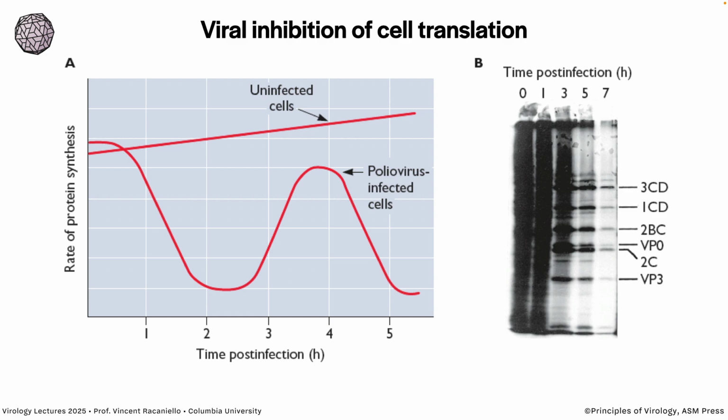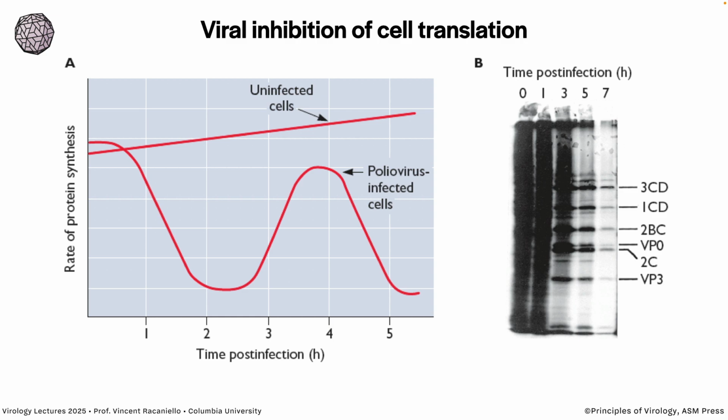And if you just look at uninfected cells, there's a relatively constant rate of protein synthesis. But in poliovirus infected cells, by 2 hours, it's crashed. It's almost down to nothing. And then it goes up, and that is viral protein synthesis. So the cellular protein synthesis is turned off. It's replaced by viral protein synthesis, and then the cells die, and they can't translate anymore.